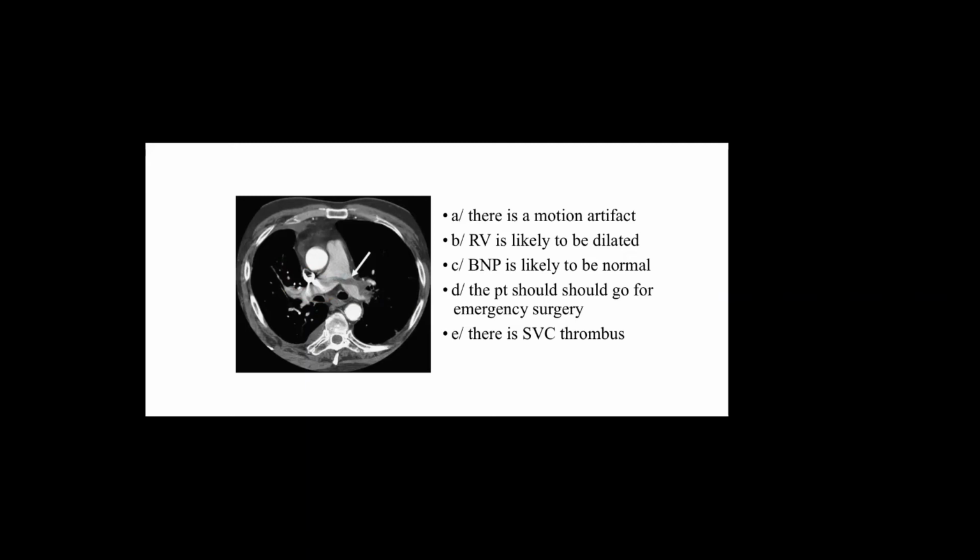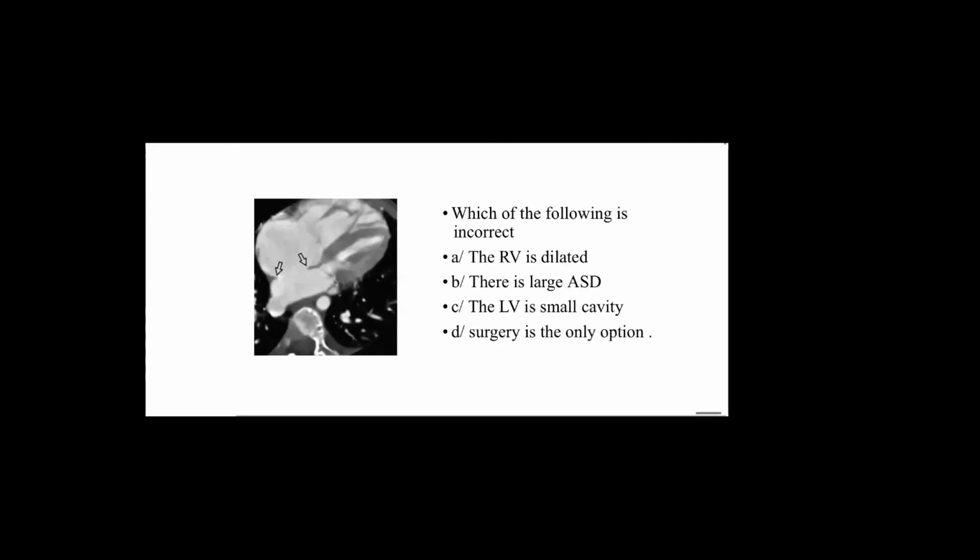Good. Now, which of the following is incorrect? RV is dilated. There is large ASD. LV cavity is small. Surgery is the only option. What are we seeing here? Dilated right side.